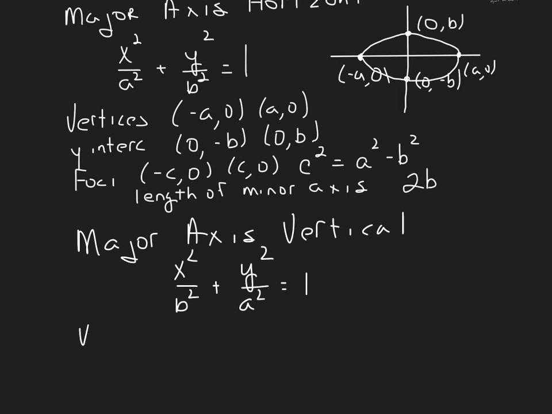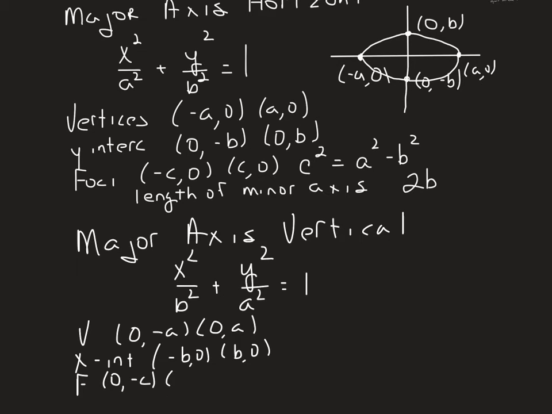Your vertices are going to be (0, -a) and (0, a). Your x-intercepts are going to be (-b, 0) and (b, 0). And your foci, I'll just put an F there, are going to be (0, -c) and (0, c), and again, c squared equals a squared minus b squared.